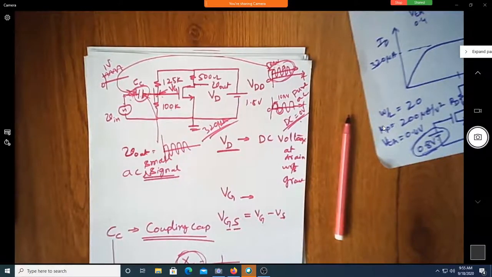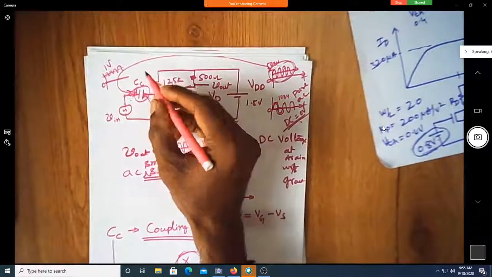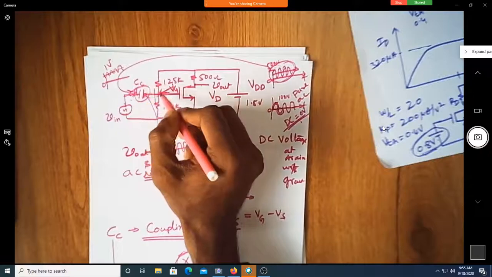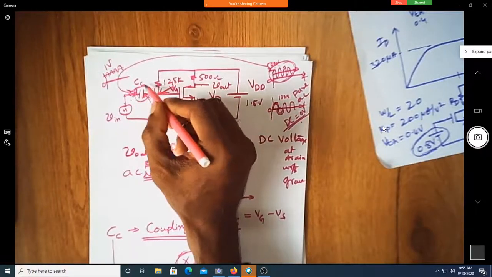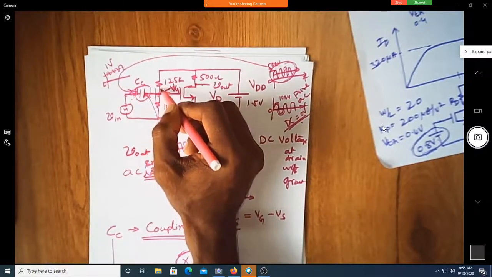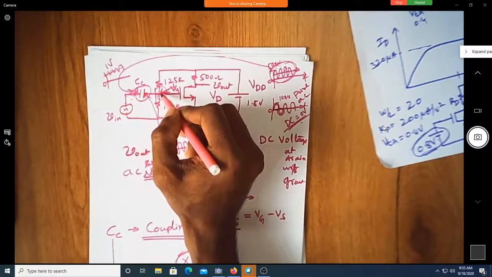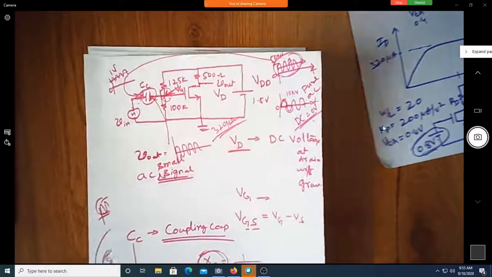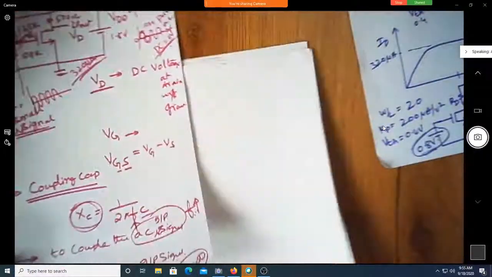If it is not there, fine. Correct? The one more purpose is not to alter the biasing conditions of the amplifier. So of course, by blocking the DC from the input, it will not allow to alter. It will keep the biasing conditions stable. Correct?